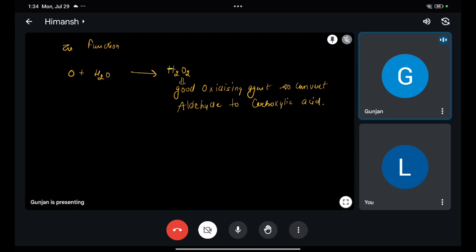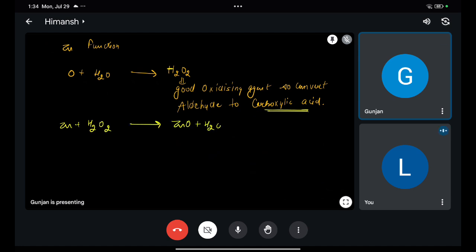That is the reason it would convert to carboxylic acid. So as to not do that process, zinc reacts with H2O to convert it back to zinc oxide.